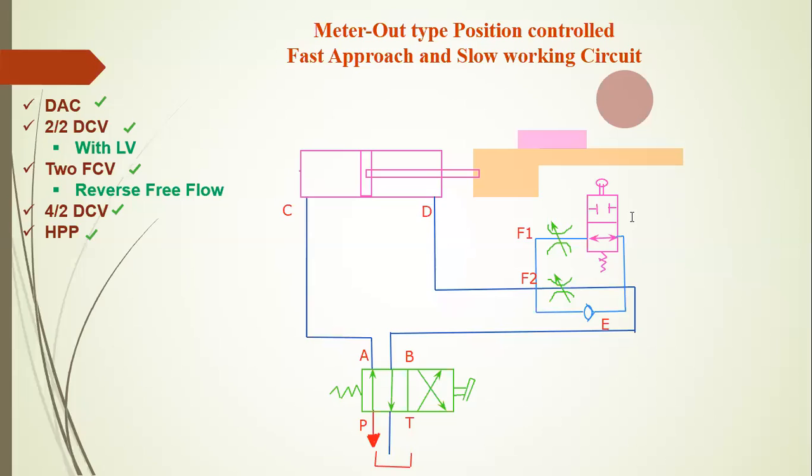Here is a 2 by 2 DCV, and here is a table or work bed. Here is a cutting tool or cutter, and here is a workpiece.